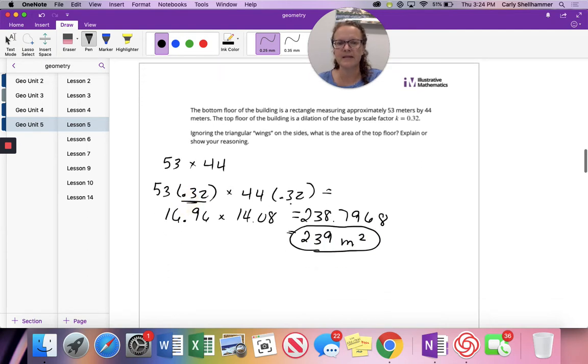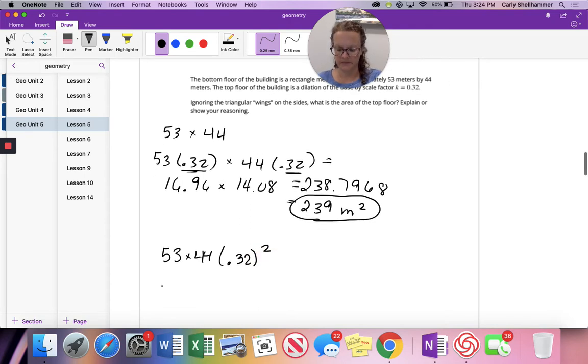I see that my scale factor is 0.32, and we talked about it in the last lesson. I can do my area, not 40, 44, times my scale factor squared. So the area of the bottom floor is 2,332 meters squared.